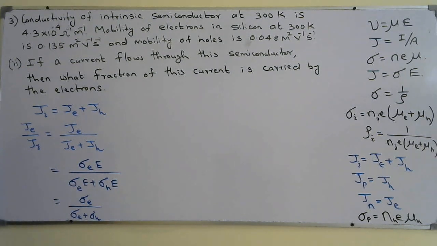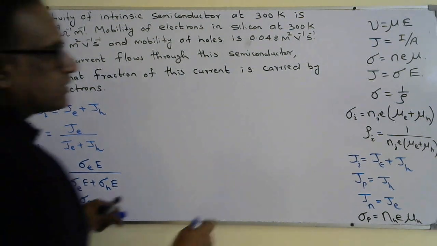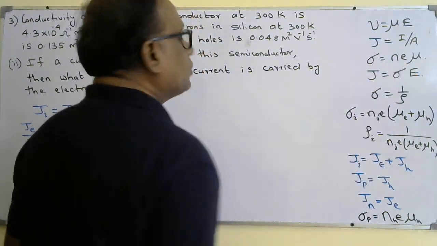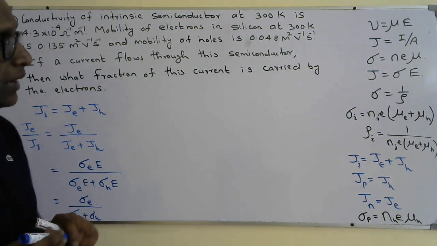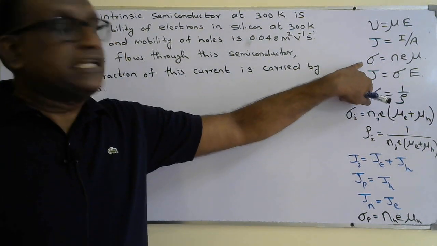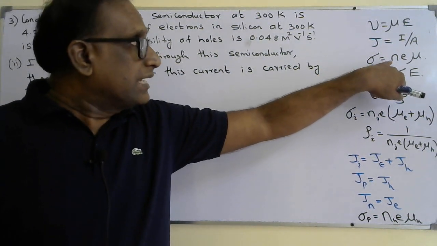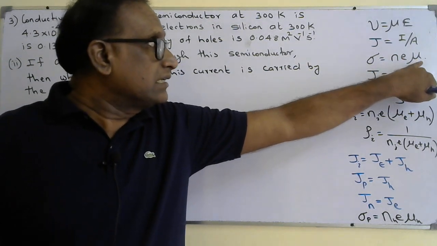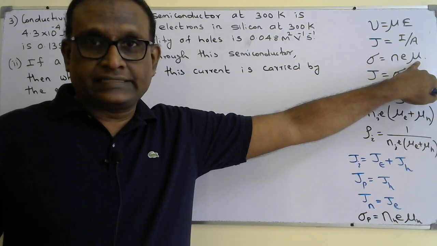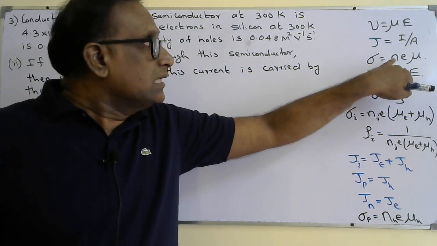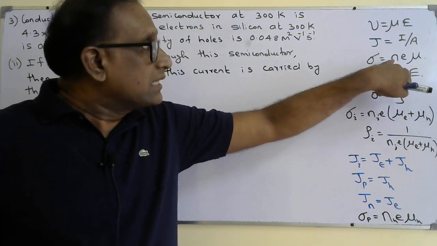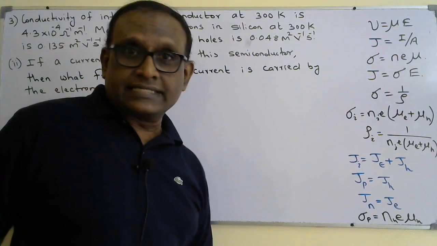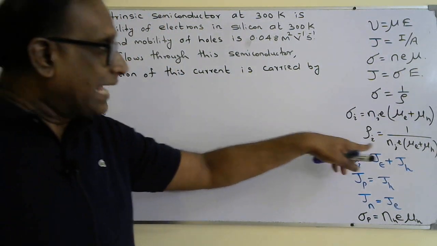Also we know that sigma, conductivity, is generally given by N E mu. So sigma E, the conductivity due to electrons, is equal to the carrier density of electrons times the charge of the electron times the mobility of the electron. But we know that the carrier concentration of electrons and holes are the same, which I denote Ni.